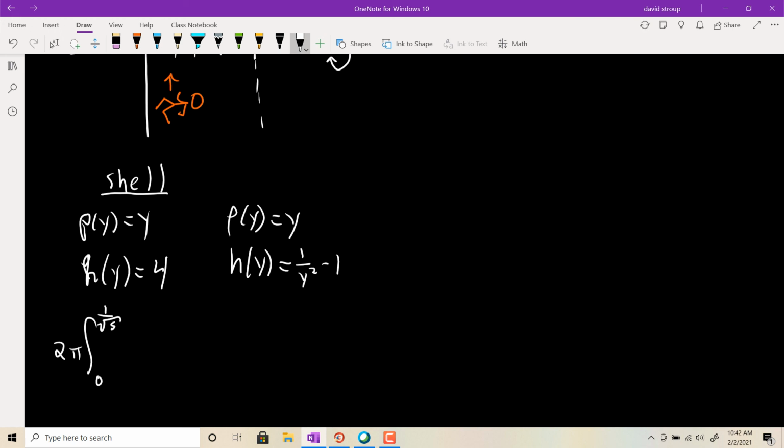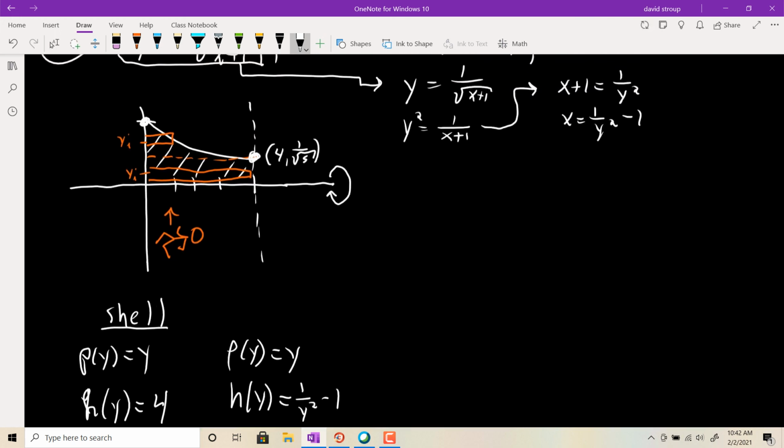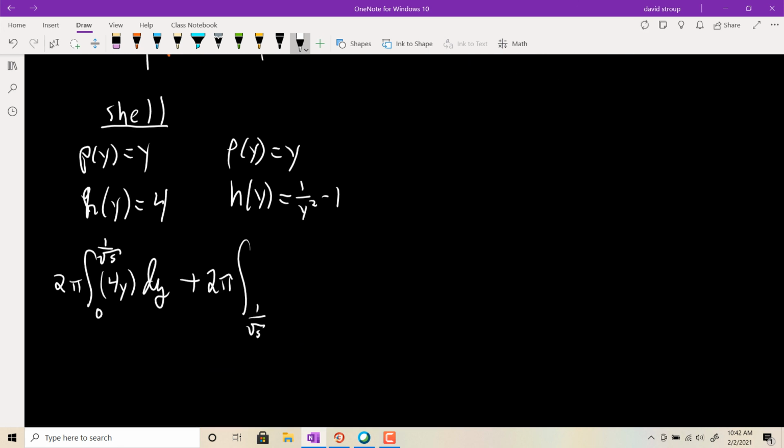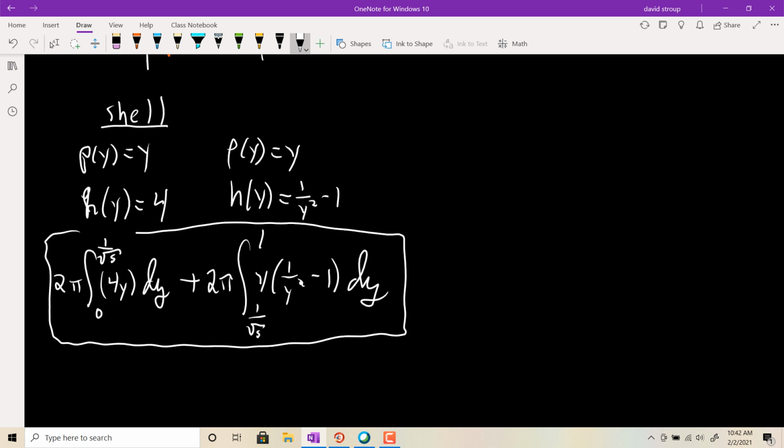Okay, and on the inside, of course, we have 4y dy, and then plus 2 pi on this other integral. I'm going from 1 over square root 5 to the y coordinate up here, which is, of course, 1. So we have 1 here, and then you have y times 1 over y squared minus 1 dy. Okay, so this doesn't look like a lot of fun to integrate. Not fun.